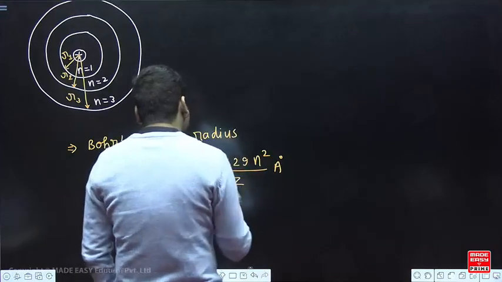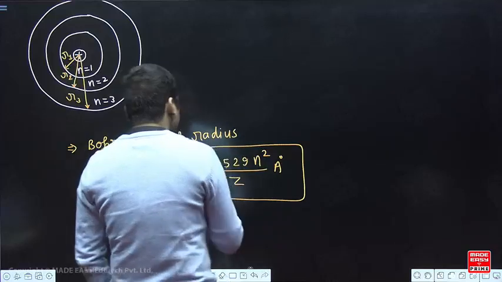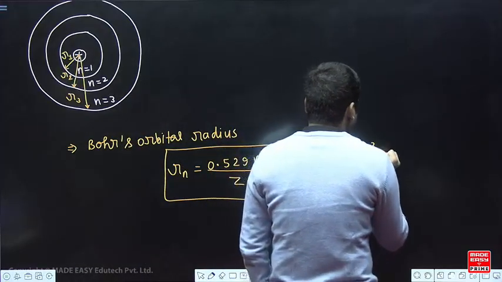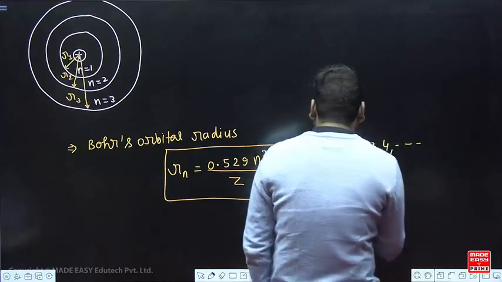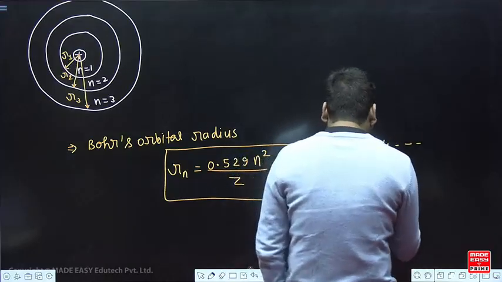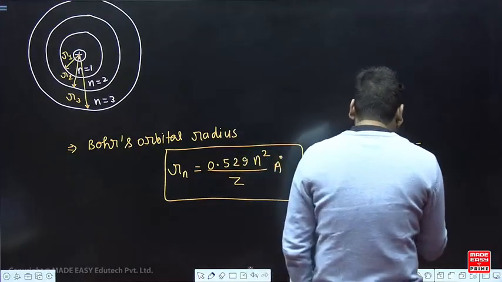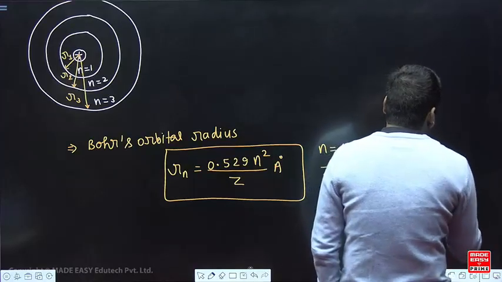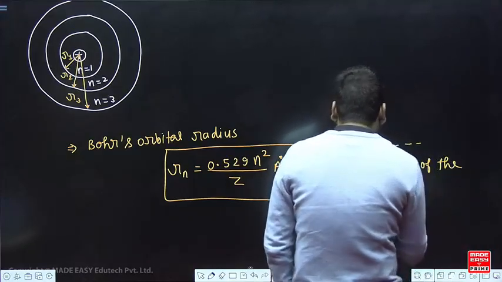Here n is number of the orbit. It has value equal to 1, 2, 3, 4 and so on, and Z is atomic number of the element.